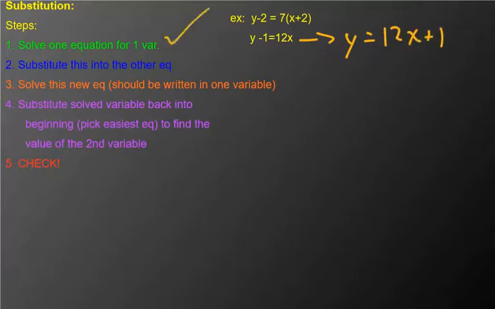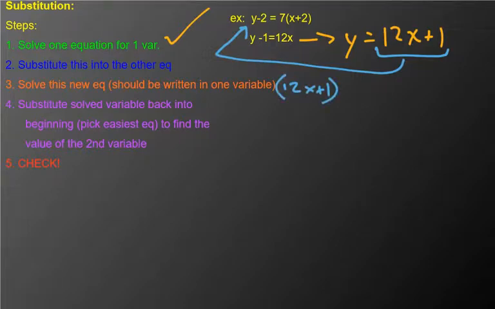That part is done. Then I can substitute that into the other equation. So the y is this 12x plus 1, and I'm going to literally put it in that y up there. So I get 12x plus 1, that's my substitution, and then minus 2 equals 7 times x plus 2. That step is done.